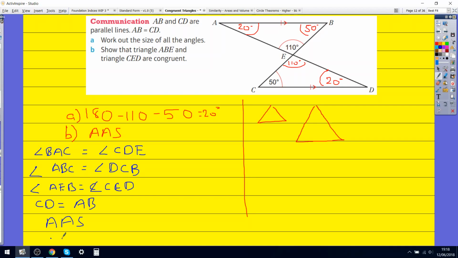Okay, let's try these. I'll just draw that shape quickly.